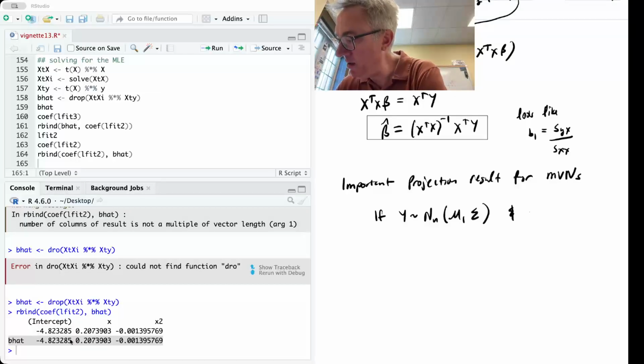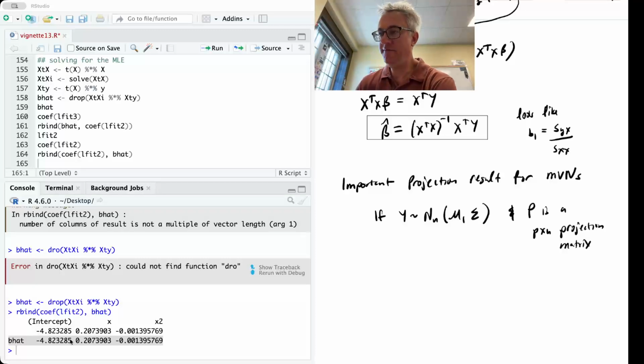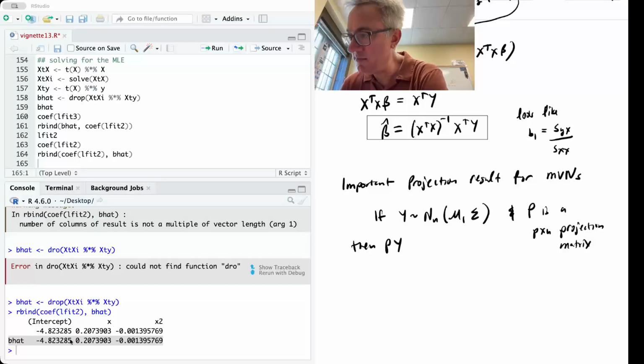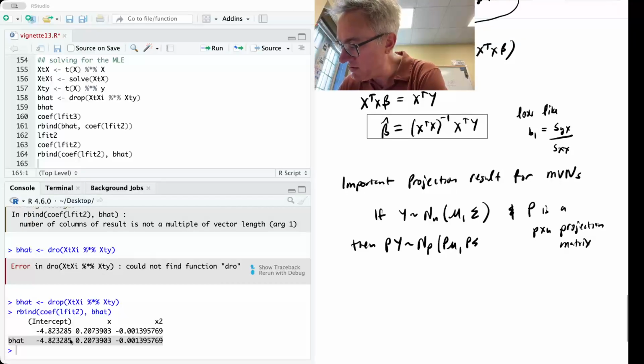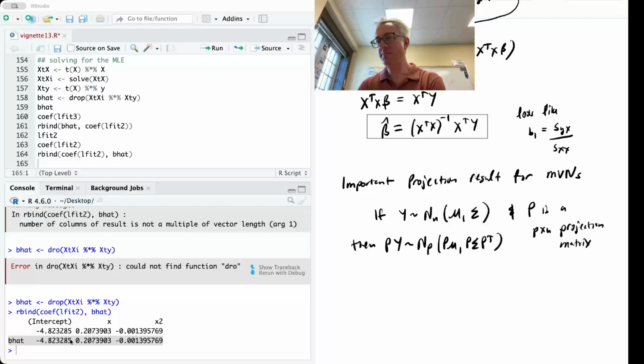and P is a p by n projection matrix of full rank, then P times Y is p-variate normal with mean P times mu and covariance P sigma P transpose.